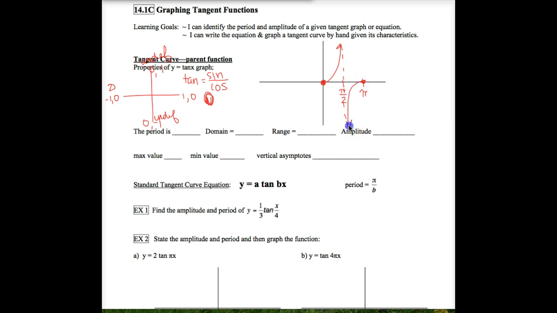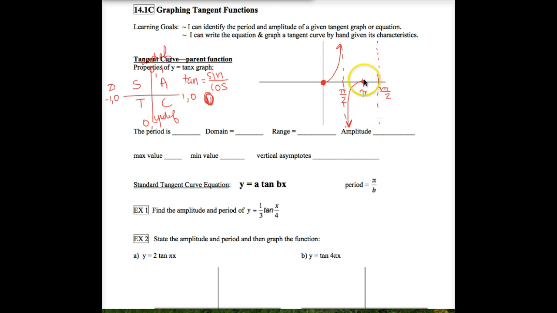Because it's undefined here, we have the asymptote that goes that way. Then on the other side, as we continue into quadrant 3, if we look at the All Scholars Take Calculus, it's positive again down here in quadrant 3. So that means that from pi to the next part, it would get bigger again, and then it would become undefined again at 3 pi over 2.